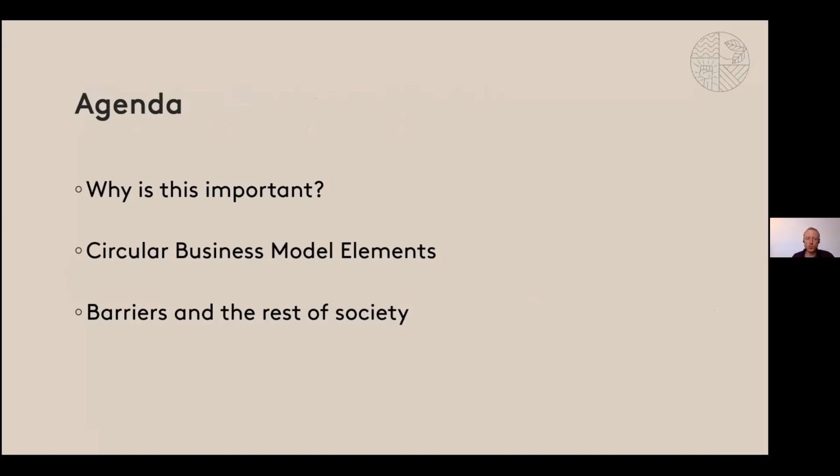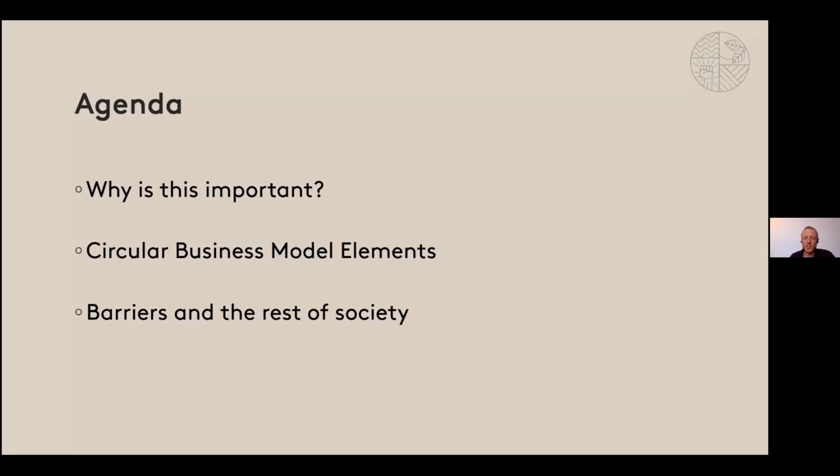So just a quick overview on what I'm going to talk about. First, why is this important? I'm going to give an overview on the problems that need to be solved in the textile industry. Then I'm going to try to convince you that the circular business models, or elements from these, will be a solution.